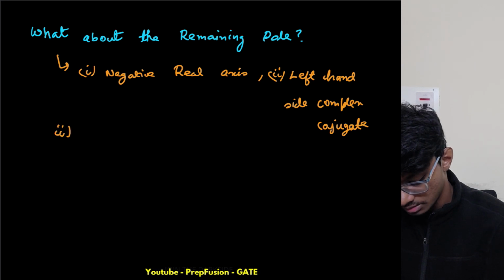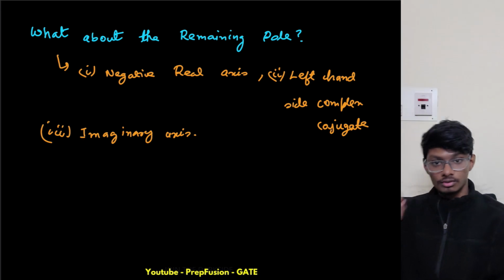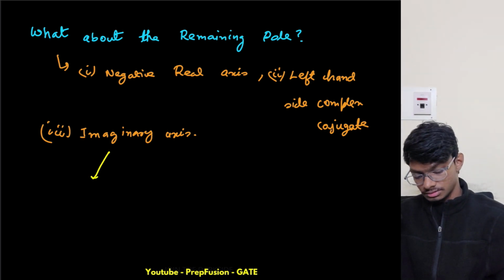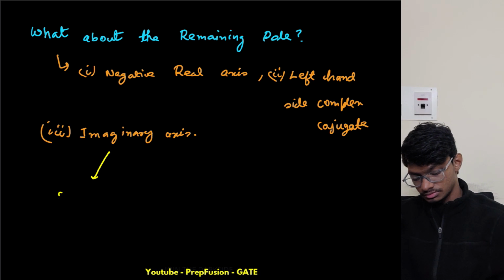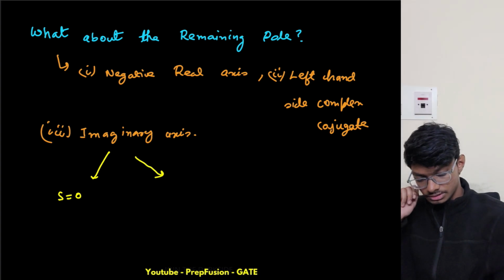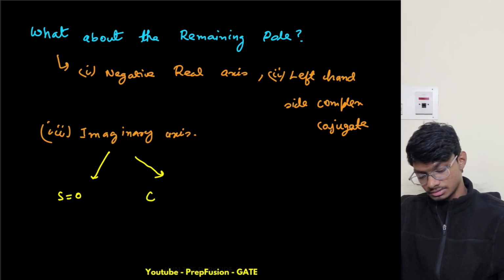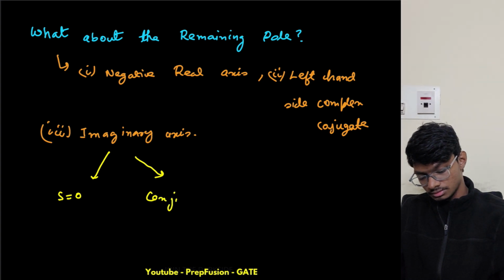Or they can lie on the imaginary axis, but the imaginary axis also has two conditions. One is at 0, s equal to 0, and the other one is conjugate imaginary roots.